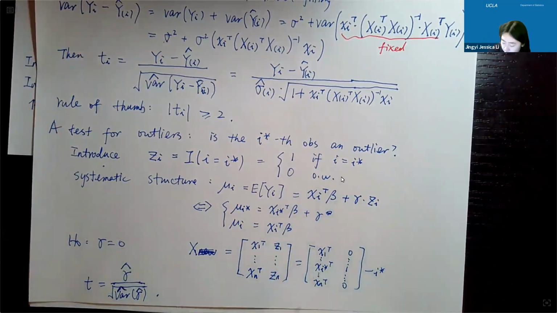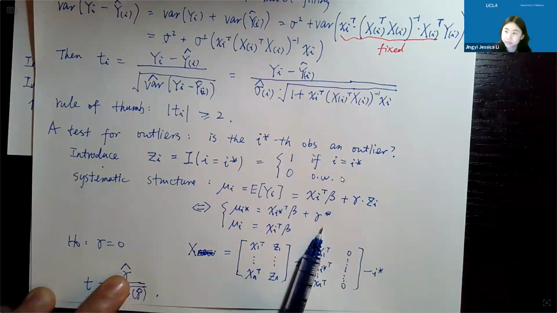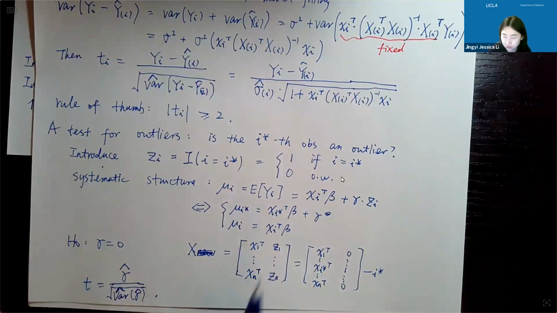But if we just run standard linear regression to estimate this beta together with gamma, then we are going to use all the n observations for our beta estimate. So that's just one small thing to note. And the detail of this is in my lecture notes.